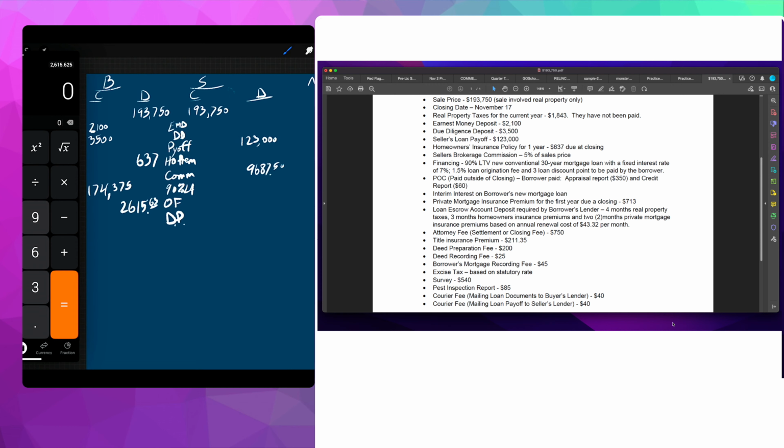Typically, the only attorney fee is going to be the deed preparation. The only seller paid attorney fee is going to be deed prep. So the bigger attorney fee is probably going to be the buyer, paid by buyer. Because it's the buyer who hires the attorney, and that's who for whom the most of the work is being done.